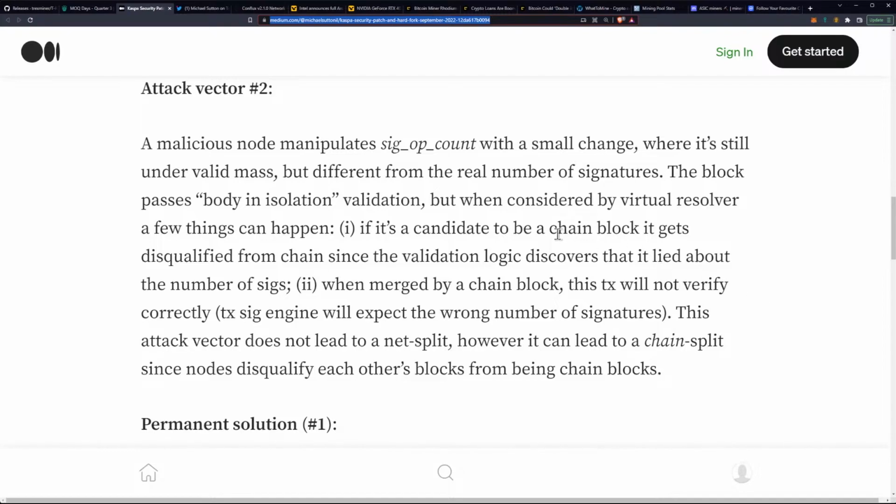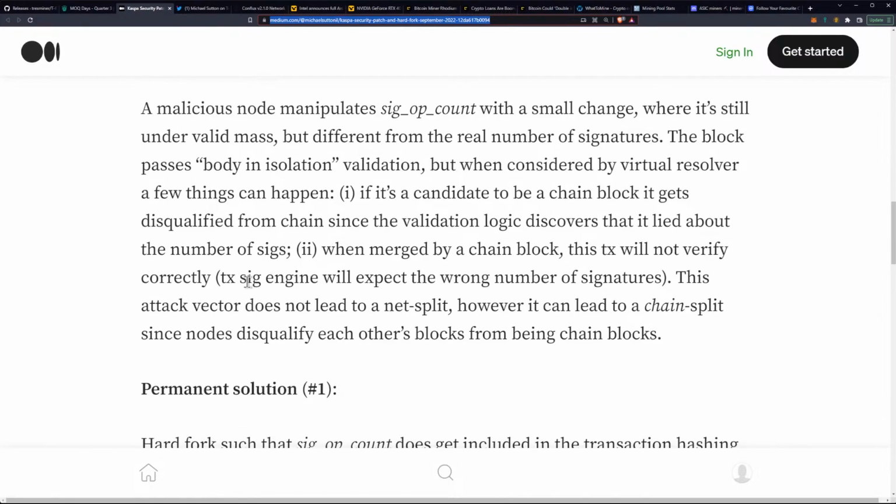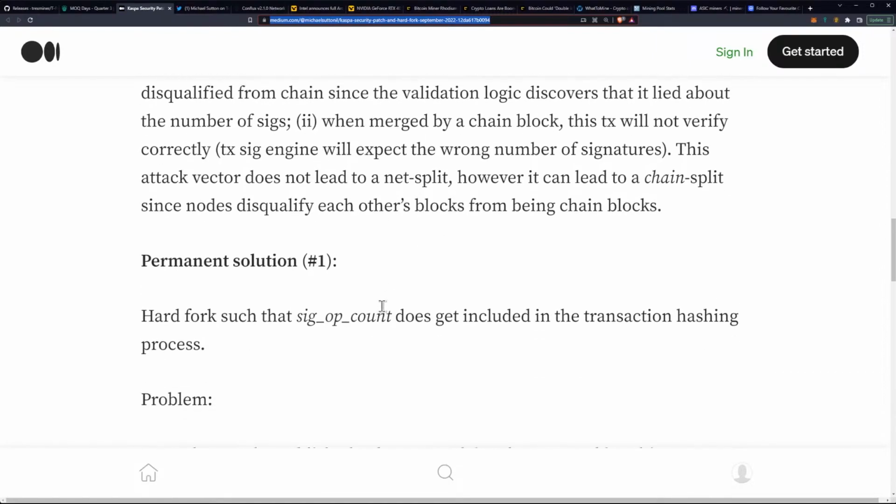Either, if it's a candidate to be a chain block, it gets disqualified from the chain since the validation logic discovers that it lied about the number of sigs. Or, when merged by a blockchain, this transaction will not verify correctly, since the transaction signature engine will expect the wrong number of signatures. This attack vector does not lead to a net split. However, it can lead to a chain split since nodes disqualify each other's blocks from being chain blocks.